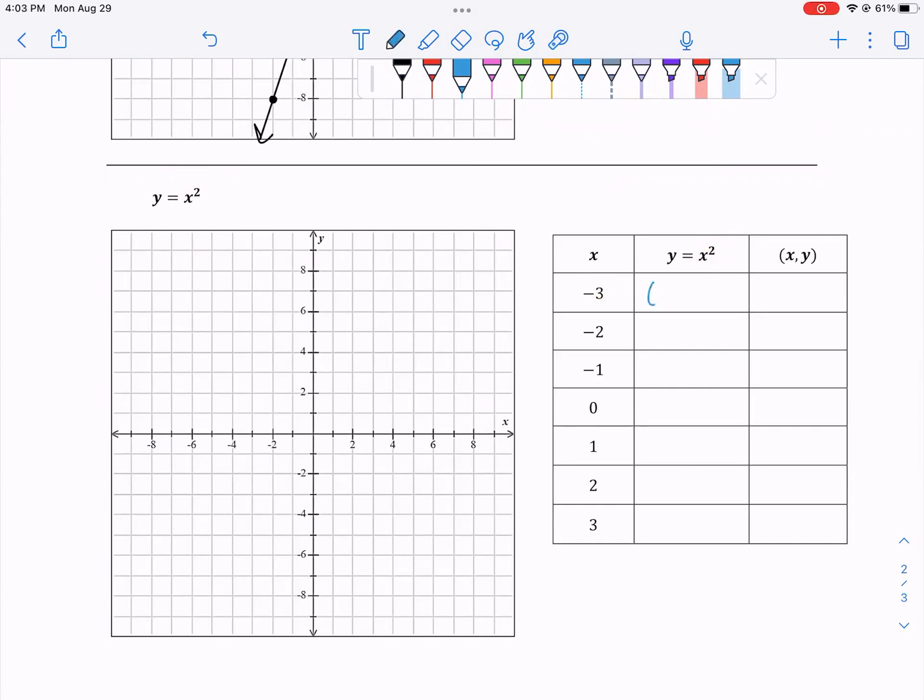We have -3 squared, which is 9. That's going to be the point -3, 9. The next point, -2 squared, that's 4. So we have -2, 4. I'm going to pause the video, fill out the rest of the table, and then we'll plot some points.